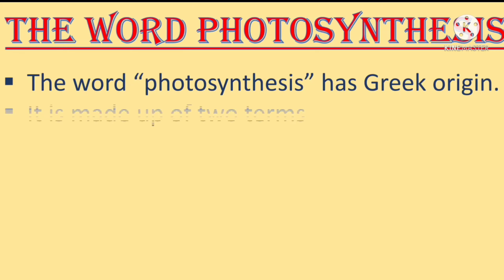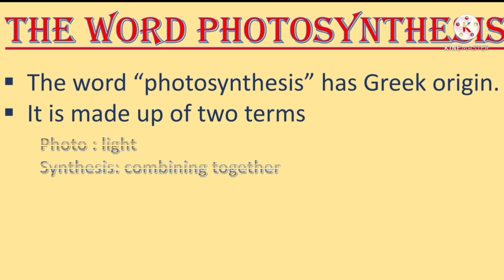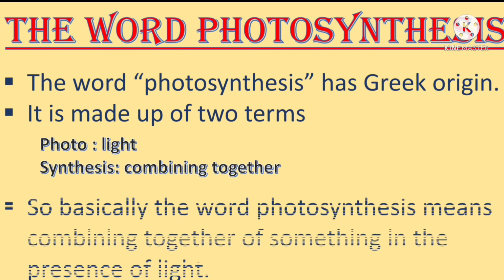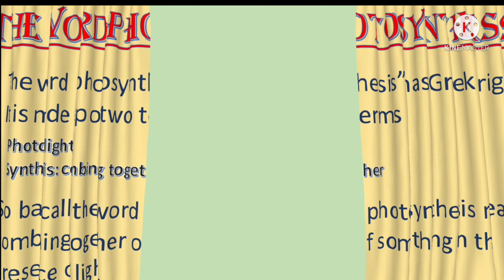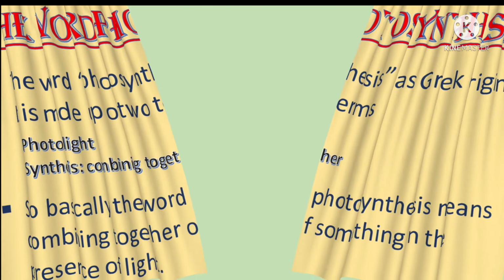Basically, this word is made up of two terms, photo, which means light, and synthesis, which means combining together. So basically, the word photosynthesis means combining together of something in the presence of light. So hope you are clear with the word photosynthesis, from where it originated and what it stands for.